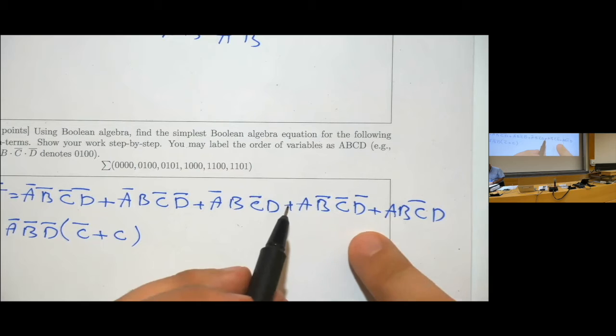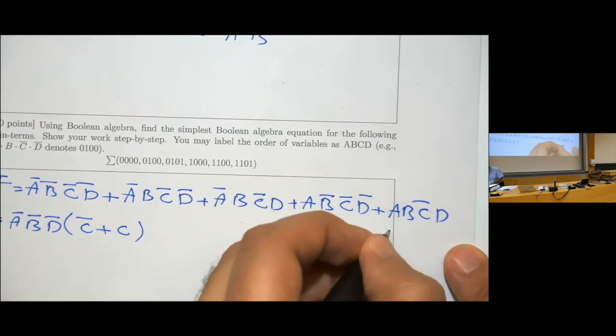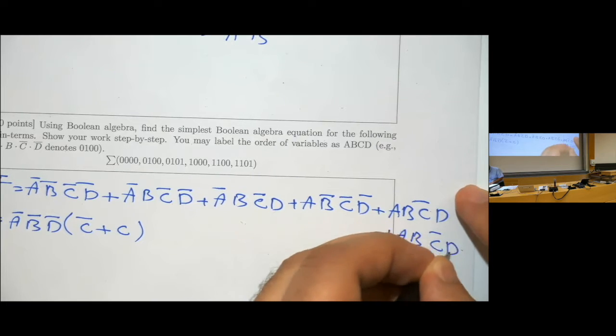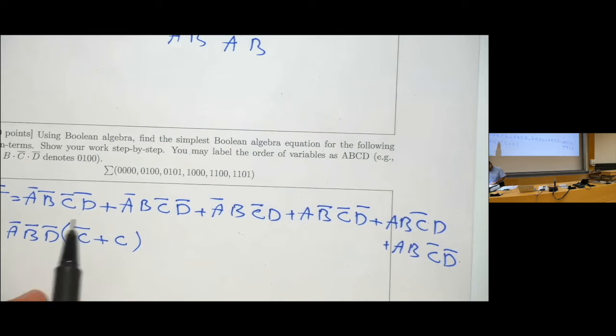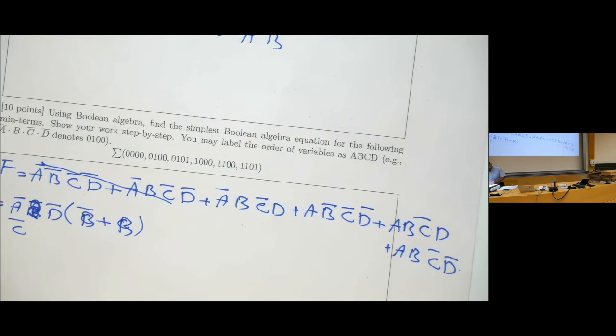This is A, B bar, C bar, D bar; A, B, C bar, D bar. Yeah, thank you. So here if we factor A bar, D bar, C bar, then we have B bar plus B, so we cancel down these two terms.